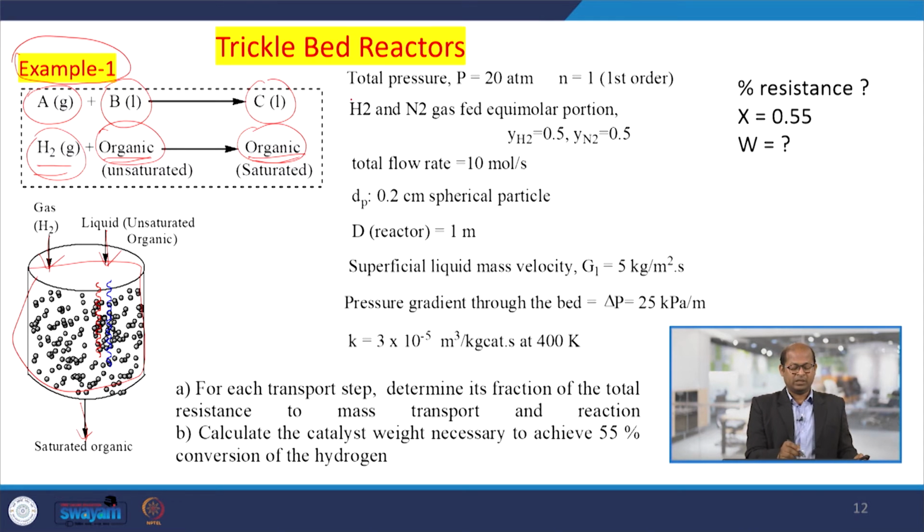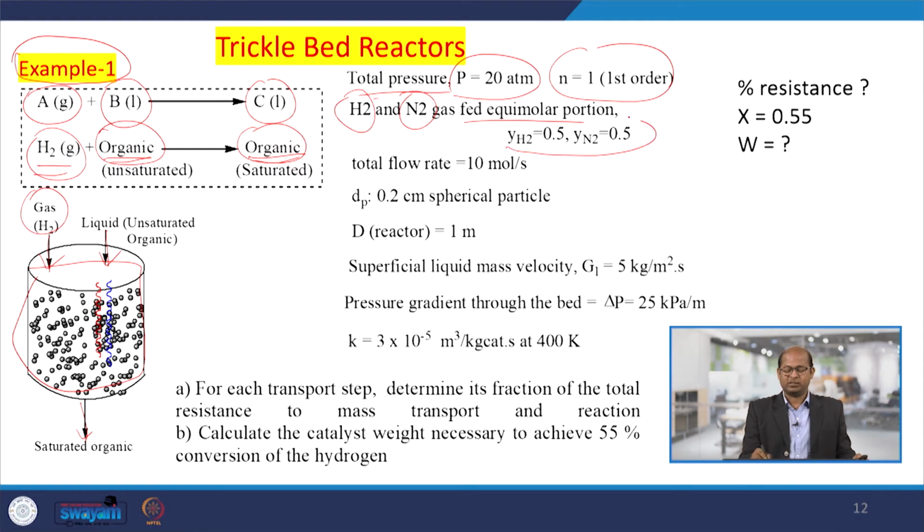Here the total gas pressure is given as 20 bar, and the reaction is first order. Okay. Along with hydrogen, nitrogen gas also passes in equimolar proportions, as a carrier inert component, together with the reactants.